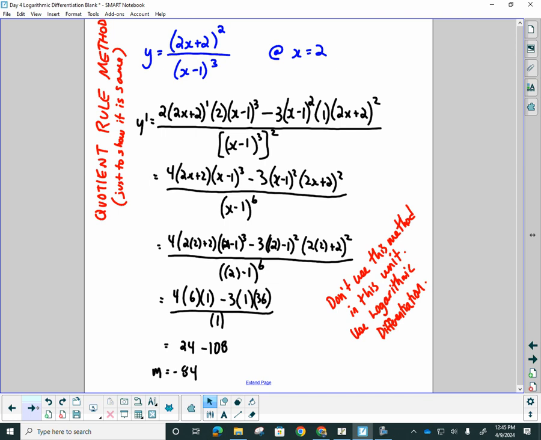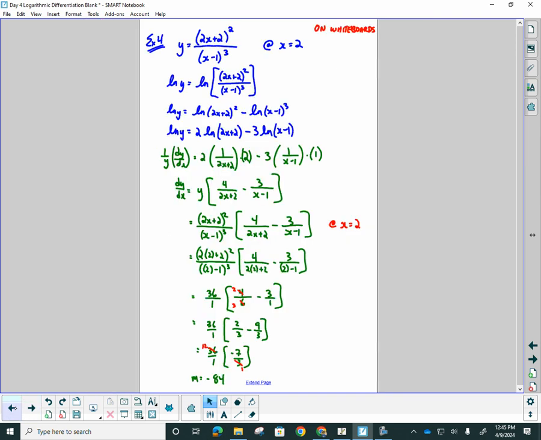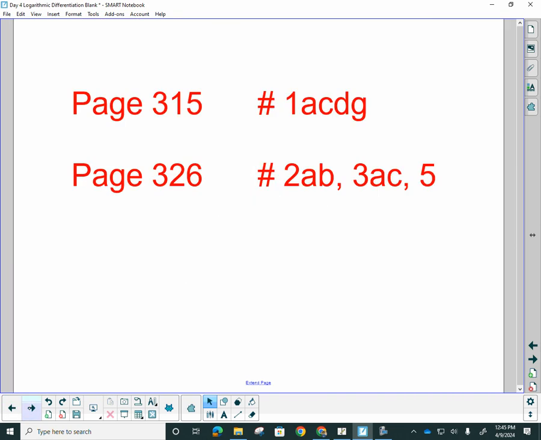So I'm just proving that it gets the same answer with either method, which means logarithmic differentiation is something that works. Okay, so there's some textbook questions that you can do some practice of this. This is definitely just a useful tool to be able to differentiate some pretty complicated ones using logarithmic differentiation. Good luck.